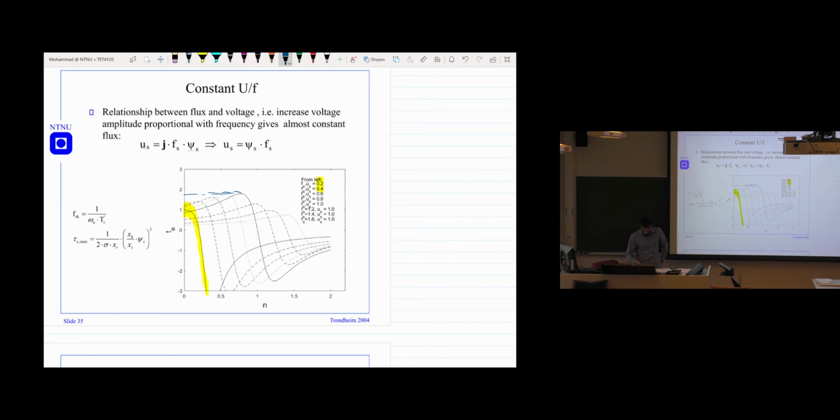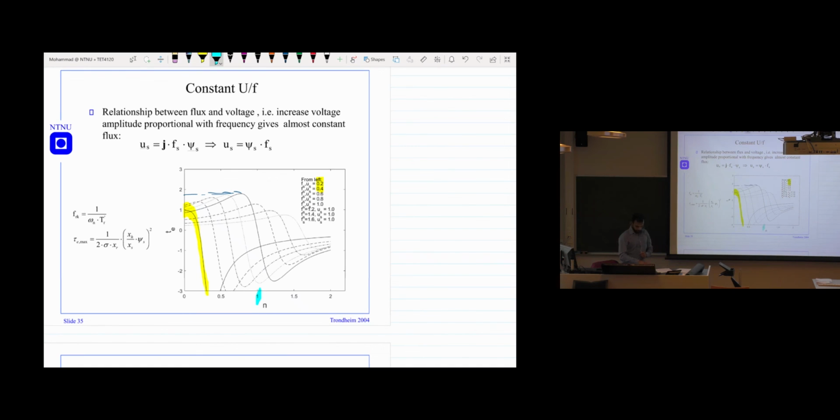So it's up to the speed of 1 per unit. And when you want to operate the machine at higher speed than the rated speed, then you need to do field weakening. So we try to reduce the field of the machine, and when you apply the field weakening, we see that the maximum torque that you can have is now reduced.